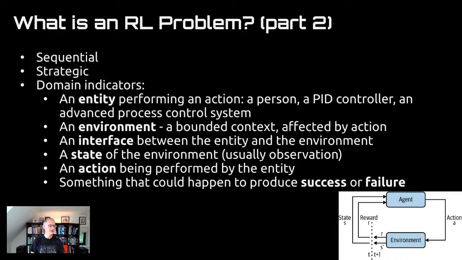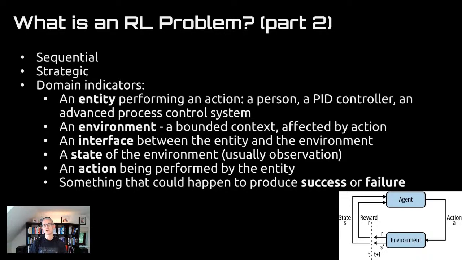PID control is a well-used, well-documented, stable form of control algorithm that needs to be tuned, but eventually optimally sets a valve to a specific point, or sets a certain amount of material to be produced at a certain point in time. So it's a way of controlling things. If you're seeing these, then again, that might be an indication that RL could take over in that process and optimize or automate some of those controls.